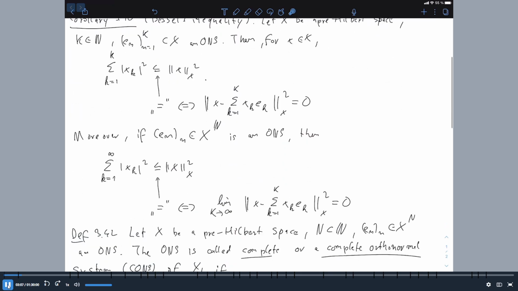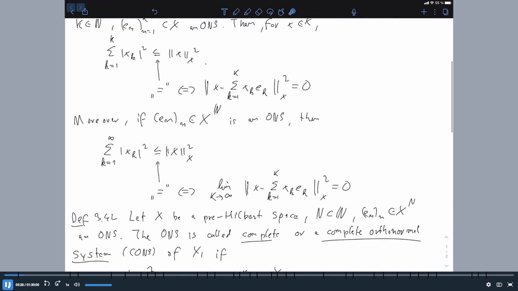The same holds true if we have infinitely many elements in our orthonormal system. The series of the squared coefficients is still bounded by the squared norm, and we get equality in this inequality if and only if the approximation error is 0.